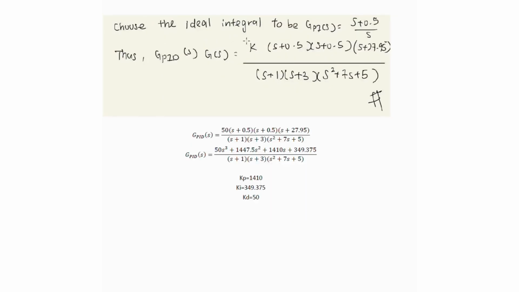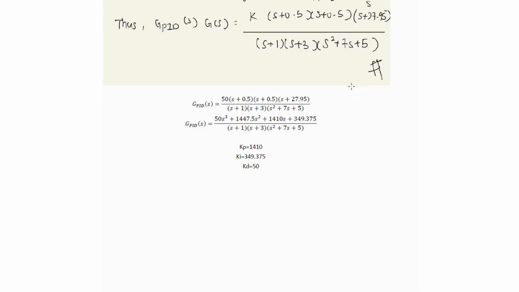And we choose the ideal integral to be the GPI equal to (S plus 0.5) over S. Then by combining with the GPD, we get the GPID(s) equal to K times (S plus 0.5) times (S plus 0.5) times (S plus 27.95) over (S plus 1) times (S plus 3) times (S squared plus 7S plus 5).